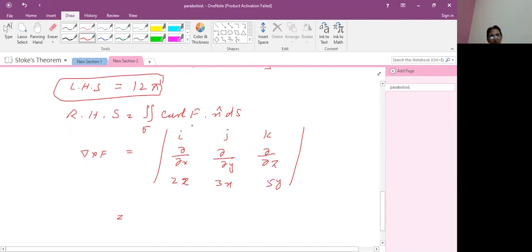So students, when we consider this column, we skip that column and row. The derivative with respect to y is 5, with respect to z is 0.